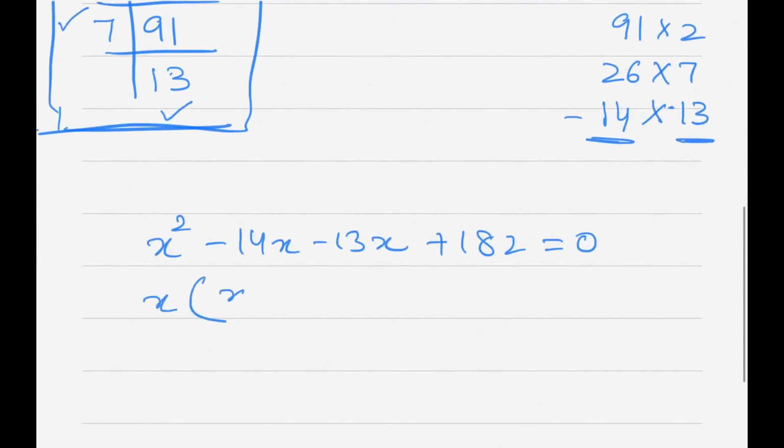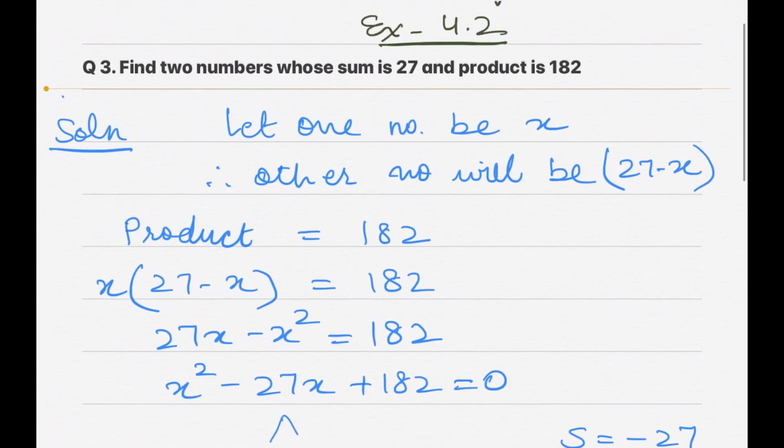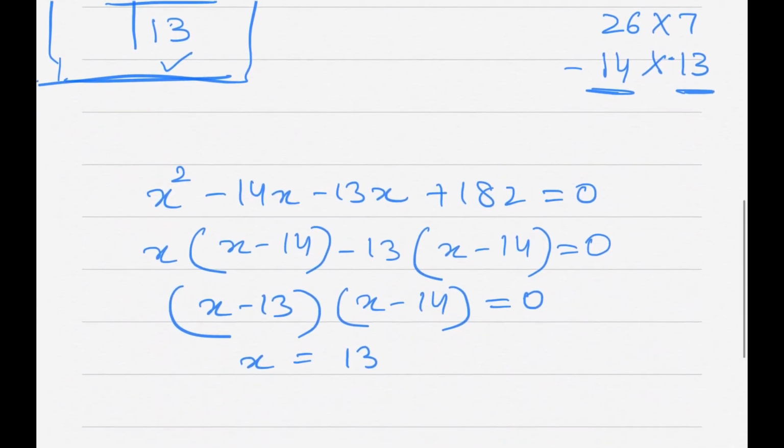Now x is common, x minus 14 is common, so the factors of this equation are x minus 13 and x minus 14. So x is equal to 13 or 14, and we only had to find the two numbers, so 13 and 14.